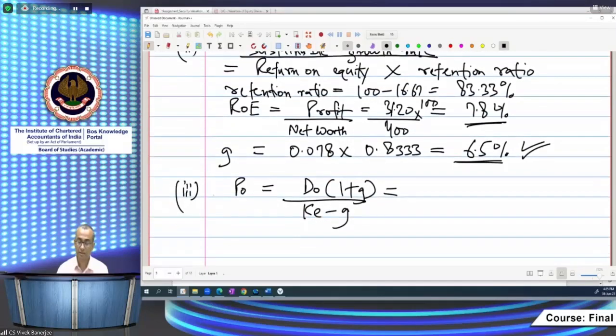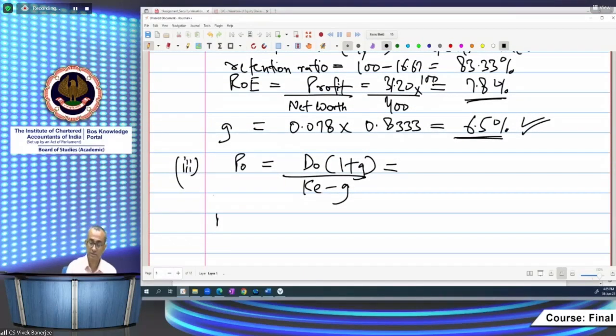Let us calculate D0 first. D0 is equal to this 5,20,000 rupees upon the number of shares. Is the number of shares given in the question?